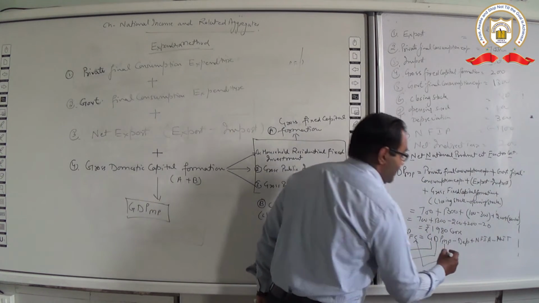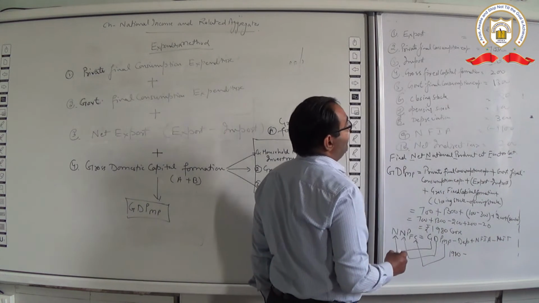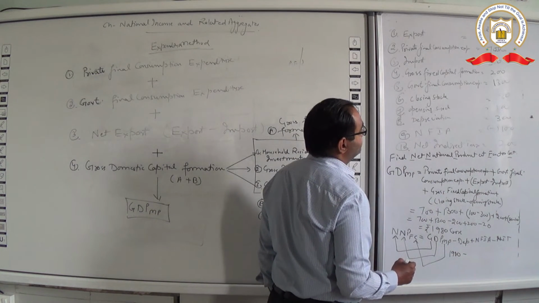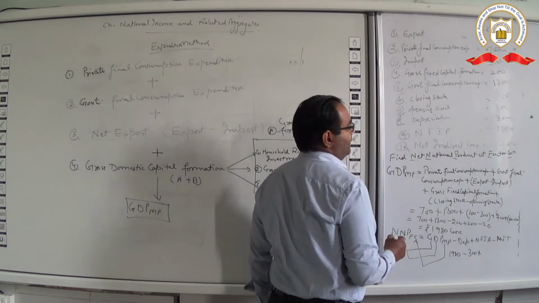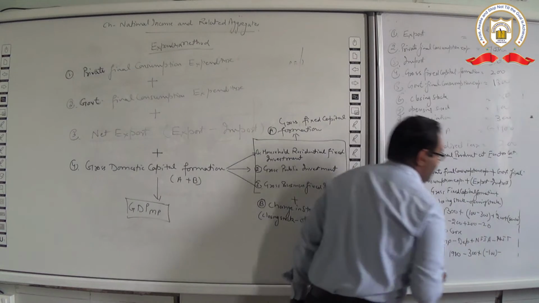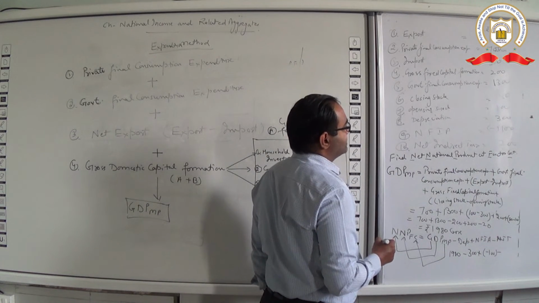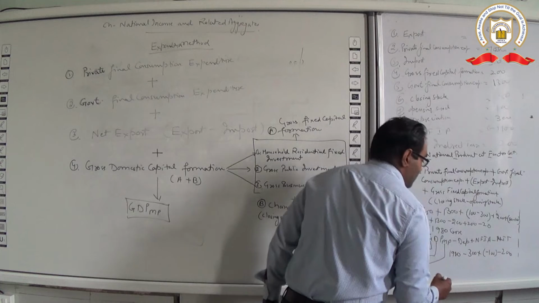Value of GDP at MP is 1980, depreciation is 300, net factor income from abroad is minus 100, and net indirect tax is 200.